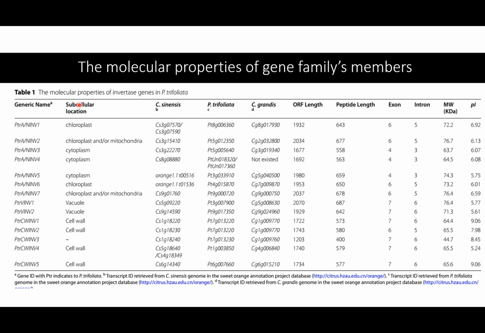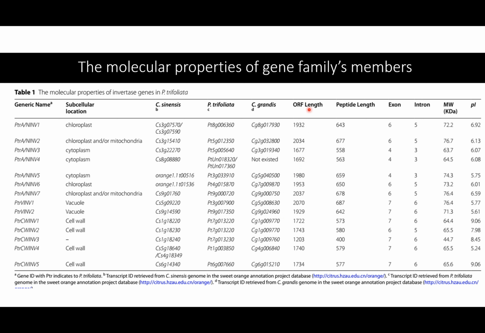Also, as showing here, you can see the subcellular localization. Is it like a prediction? We will study how we can use different bioinformatic tools to predict the subcellular localization of these proteins. Also, maybe you can find the accession number in different databases, and also you can find the open reading frame length.